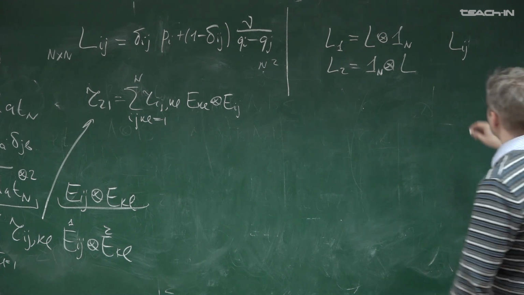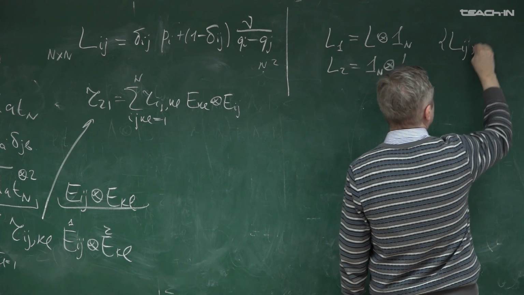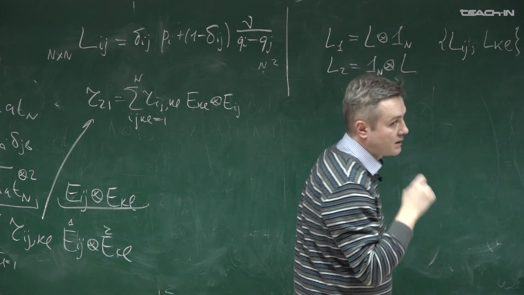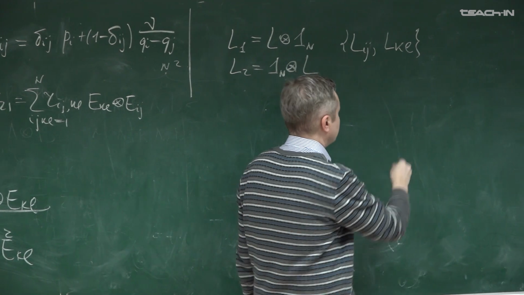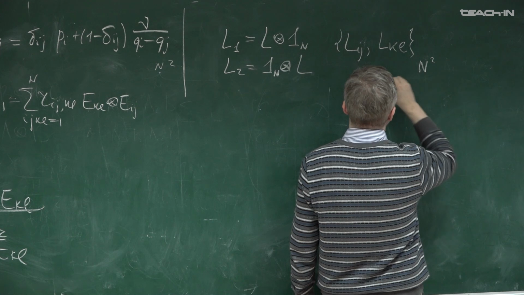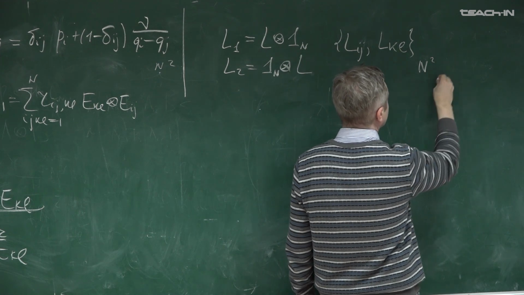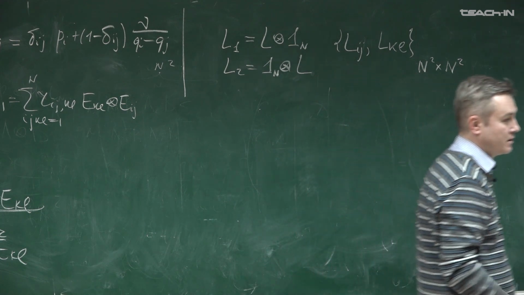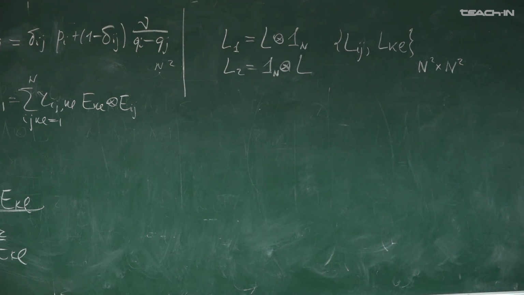And we may, of course, define a set of Poisson brackets between all possible matrix elements. We have n square here and n square here, so we have n in the fourth power of such brackets.